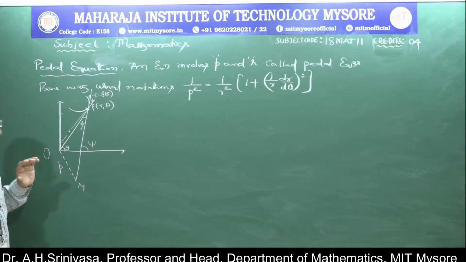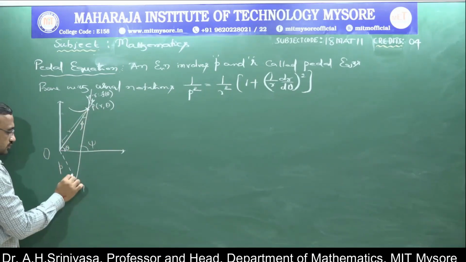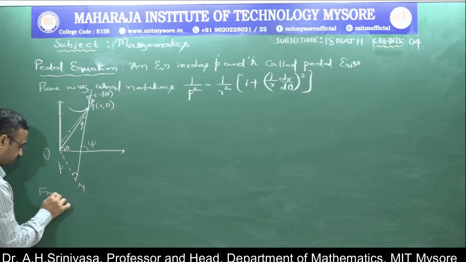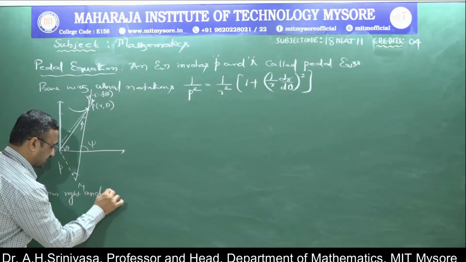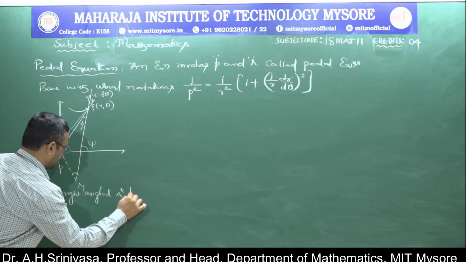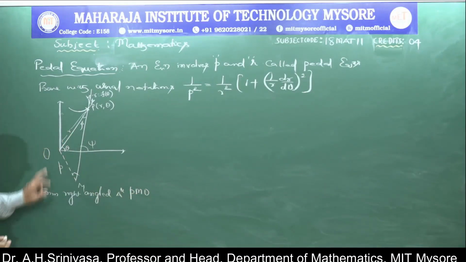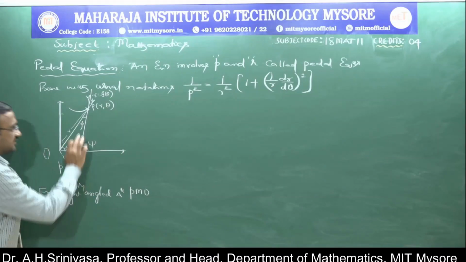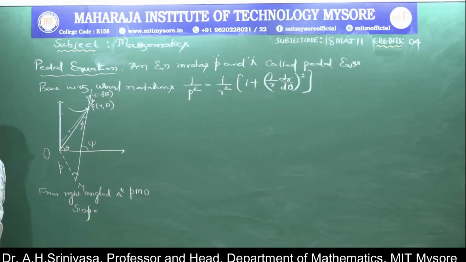Then you have to consider a right angle triangle, that is PMO. It makes an angle of 90 degrees. From the right angle triangle, OMP or PMO, whatever you call it, what is the sine we get from that? It is sine phi. Sine phi equals opposite by hypotenuse.